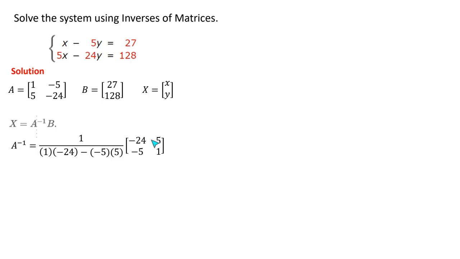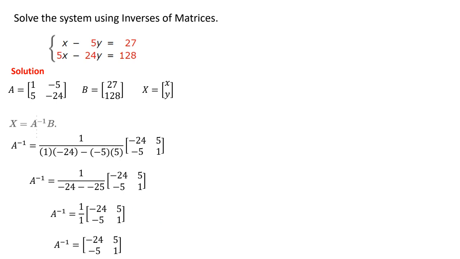So -5 is +5, and +5 becomes -5. Okay, simplify. So we get -24 minus -25. Simplifies further. So we get 1 divided by 1. And so 1 times all these numbers are going to be those numbers. So my inverse is -24, 5, -5, and 1.